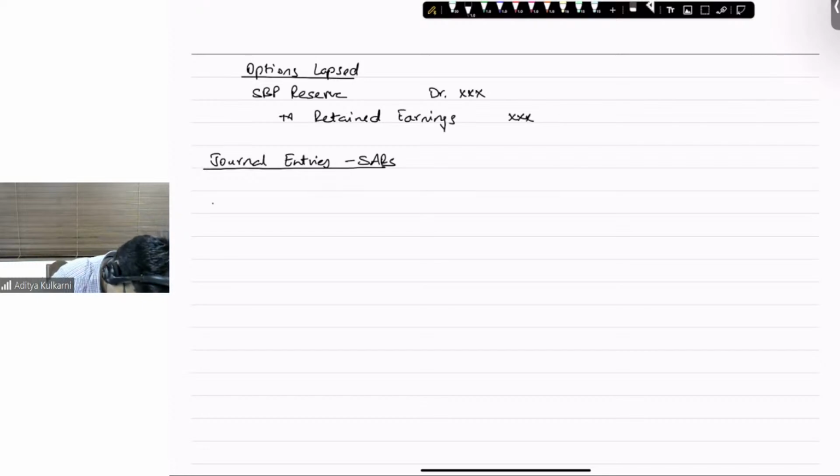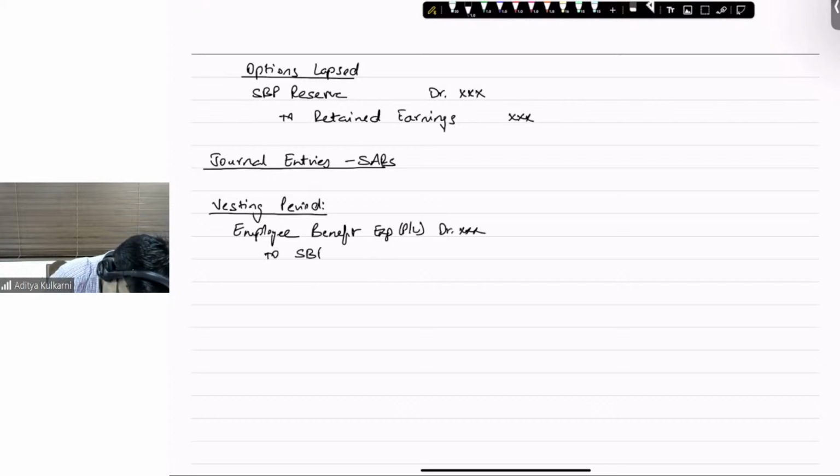In the vesting period, the entry is going to be employee benefit expense, which ultimately goes to the P&L, debit to SBP.